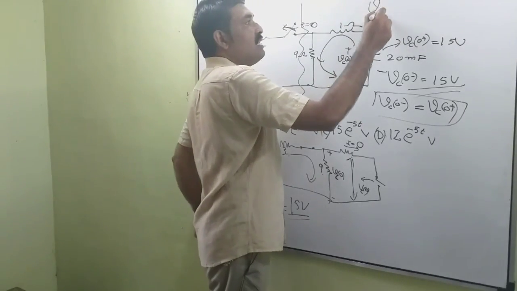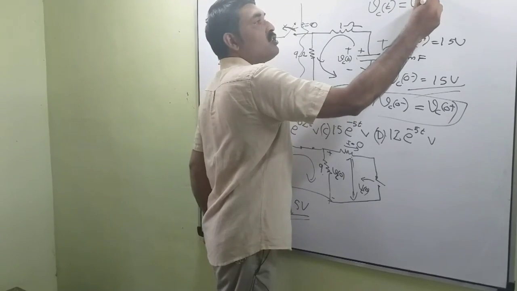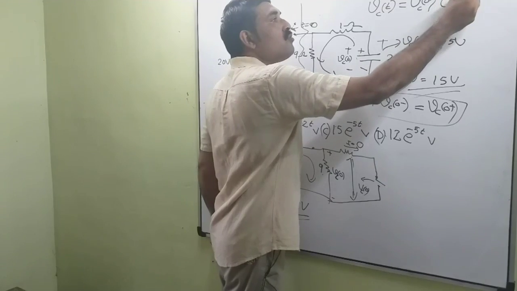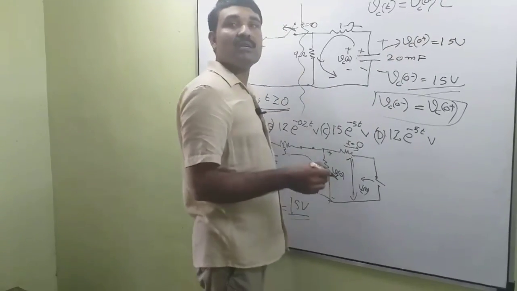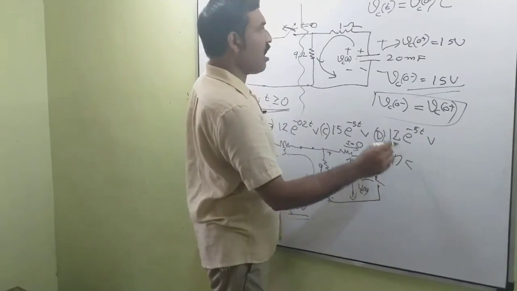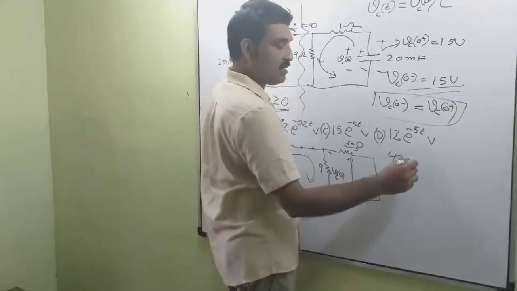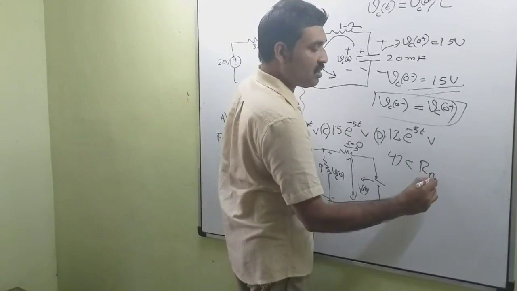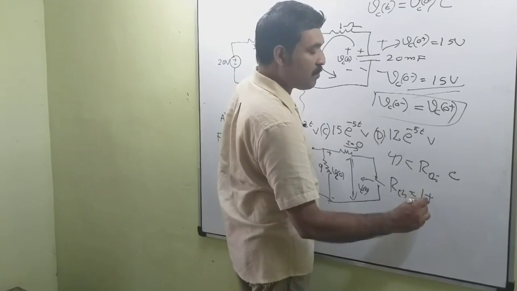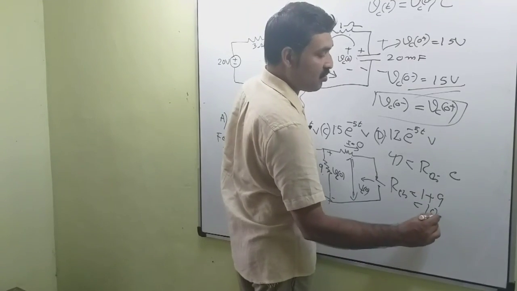And we know that VC(t) is equal to VC0 plus, that is the initial value of voltage across the capacitor, into e raised to minus t by tau, where tau is our time constant and tau is given as R equivalent into C. RTH is equal to 1 plus this 9 ohm, that is equal to 10 ohm.